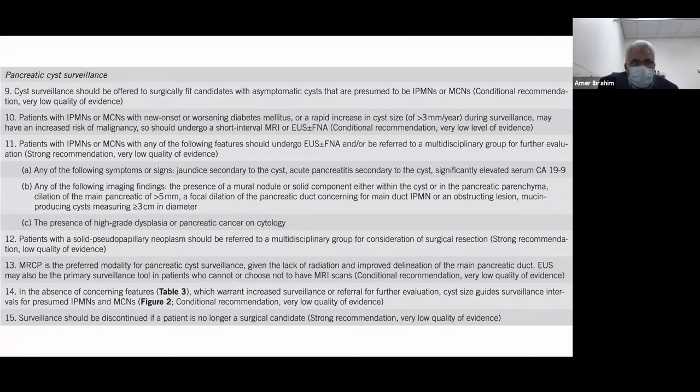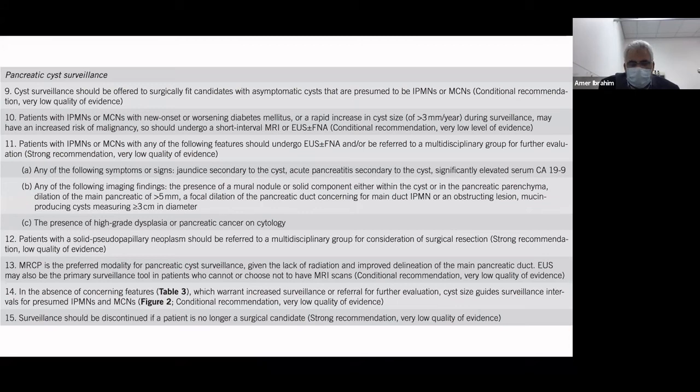Then we come to which lesion we are going to resect in reality for patients who have IPMN. Those who have mixed or main duct IPMN, or those who have high-grade dysplasia or malignant cells on fine needle aspiration, will need resection.